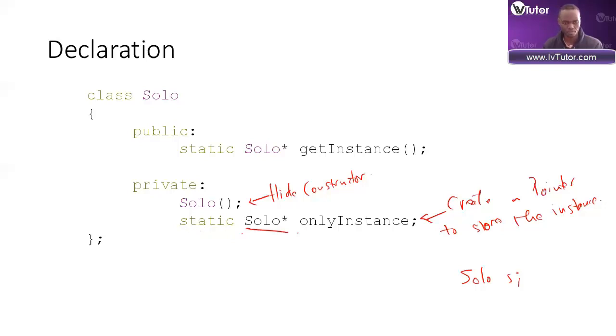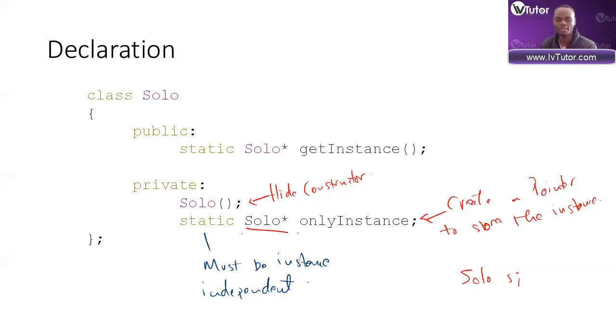And we make it static because it must be instance independent. Your variable must not be owned by a particular instance, which means if we make 5 objects of type Solo, they must share exactly one Solo instance.